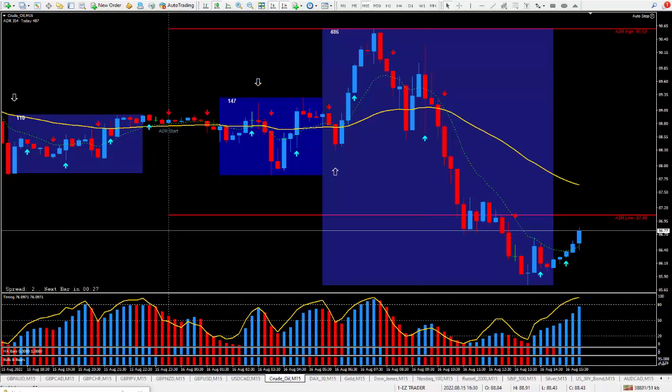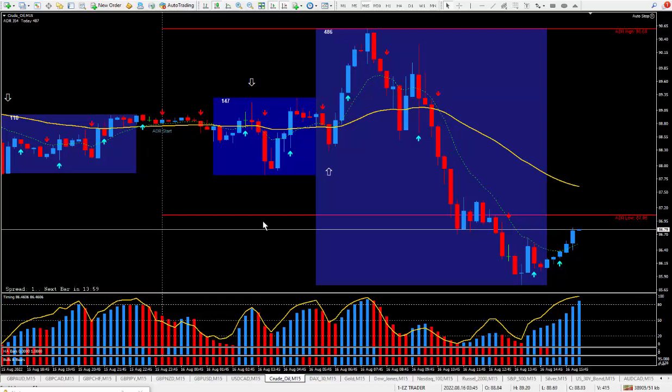Now you know why I love doing these other instruments here. They move a lot and pay a lot. Not all of them, of course, but you know, crude oil, gold, NASDAQ, DAX 30, Russell, those are my favorites.